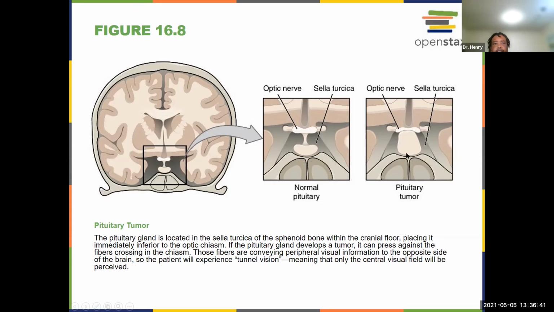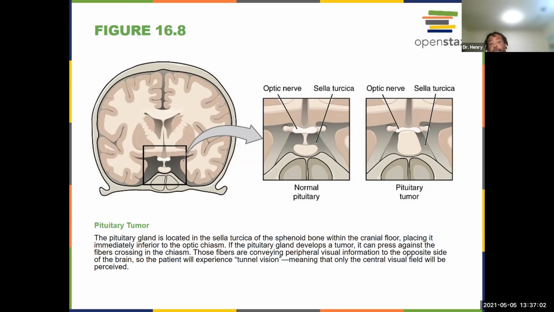This pituitary gland was malignant, forming a tumor, cancer cells, and it continued to grow, and it grew, and it grew.